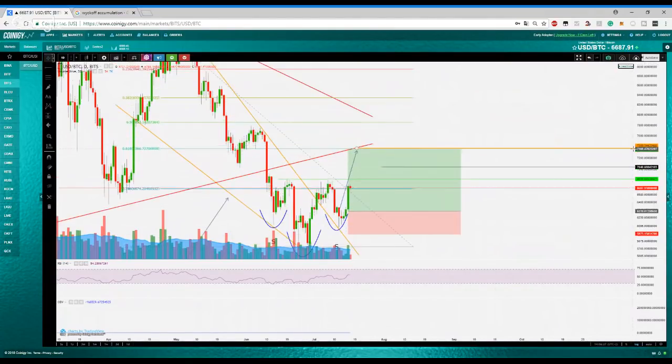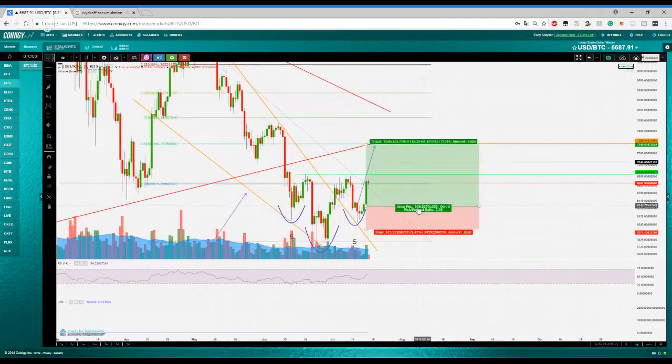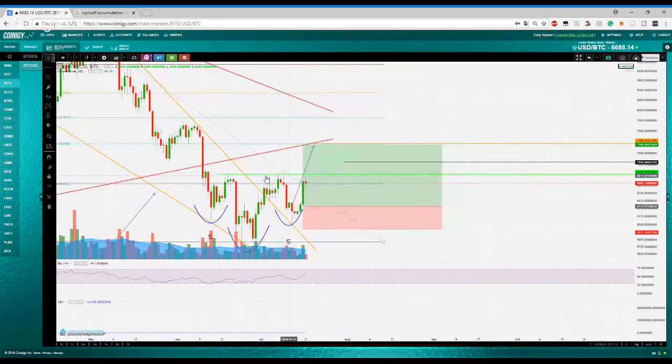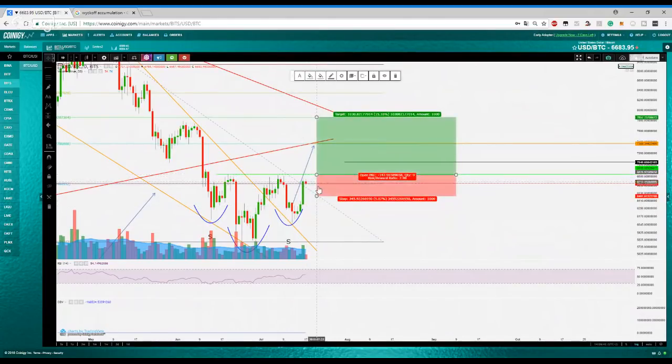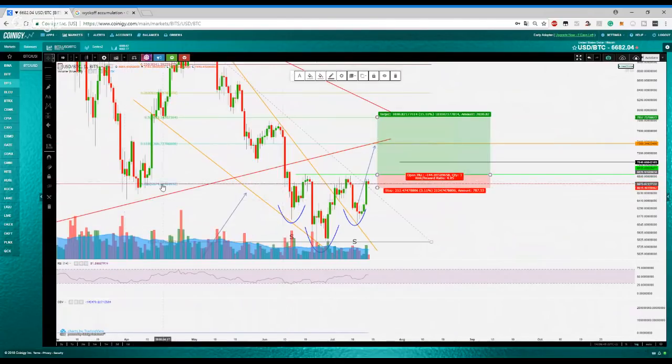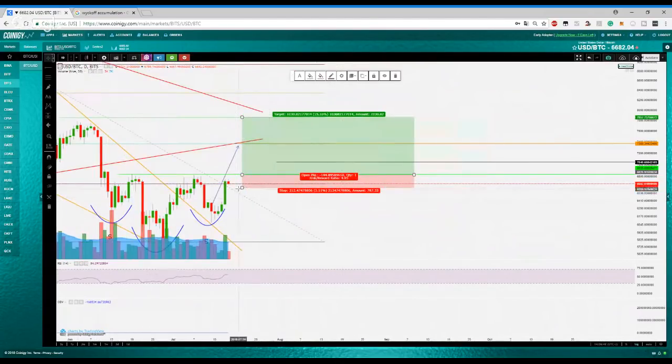Now, if you still have no position at this point, I recommend waiting until we break the neckline, and then you can actually do a quick scalp up until 7,000. If you're a little bit more brave, if you like some risk, you can put your stop loss below the 786, which is currently sitting at around 6,600.